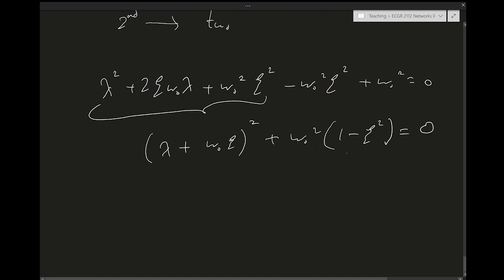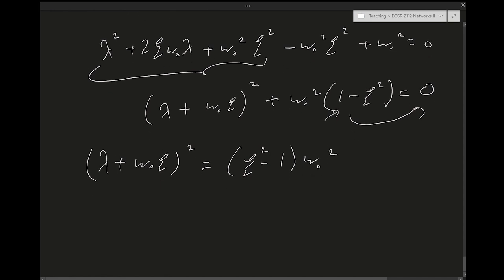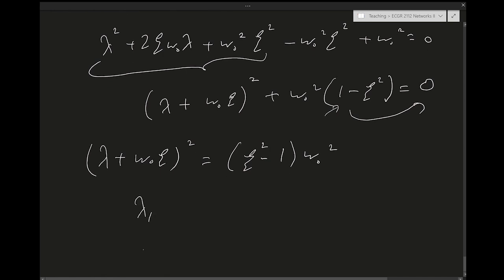Take this to the other side, I end up with lambda plus omega naught zeta squared equals, this will become minus, let me take the minus inside the bracket, so I end up with zeta squared minus 1 times omega naught squared.